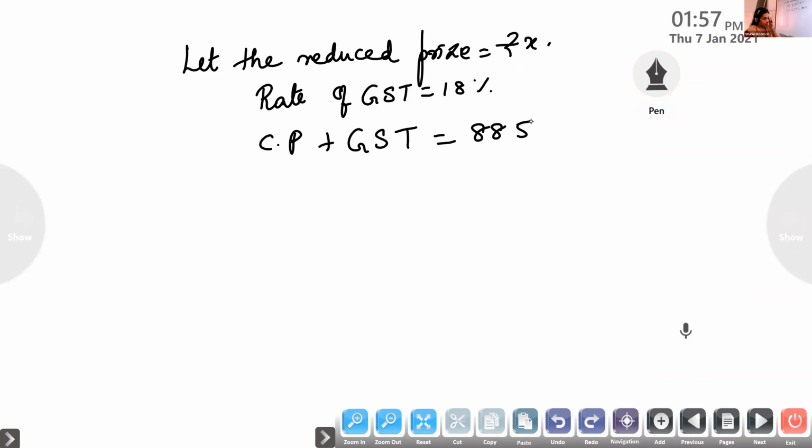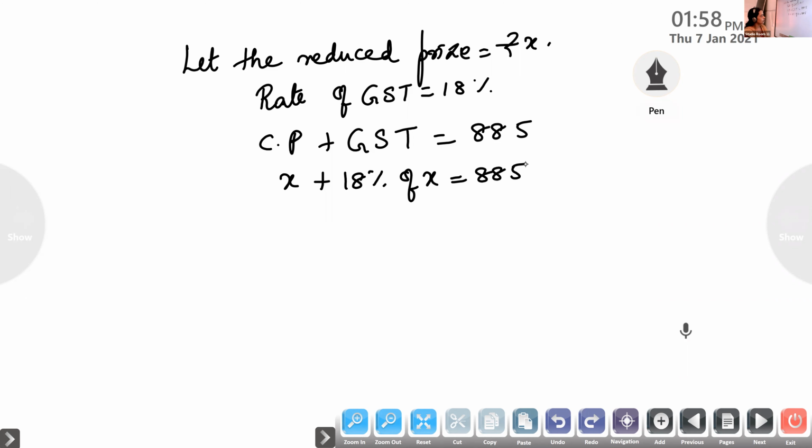We want to find X. The cost price will be X, and the GST is 18% of X. So X plus 18% of X is equal to 885. Is it clear?